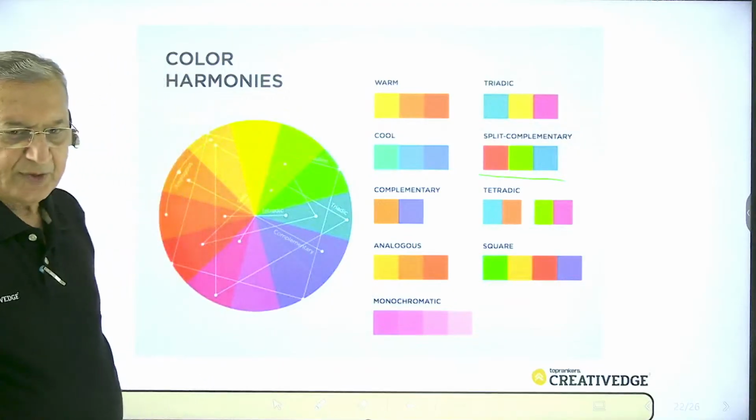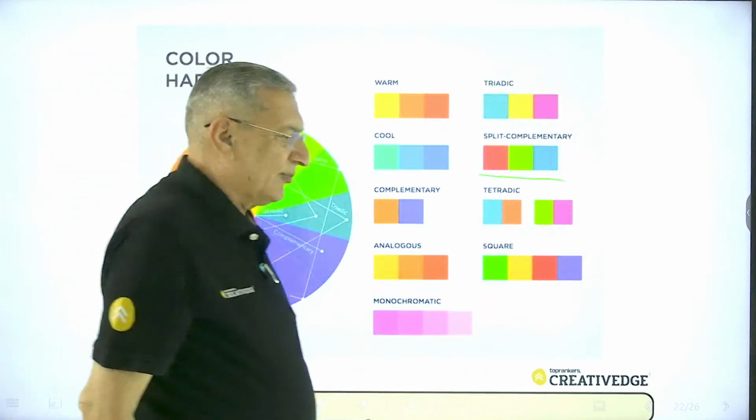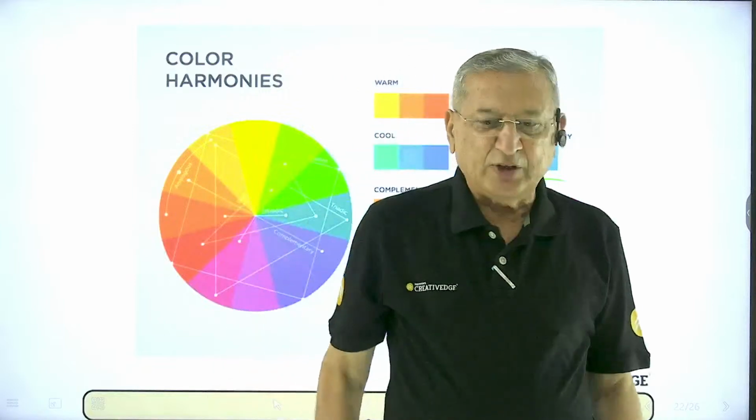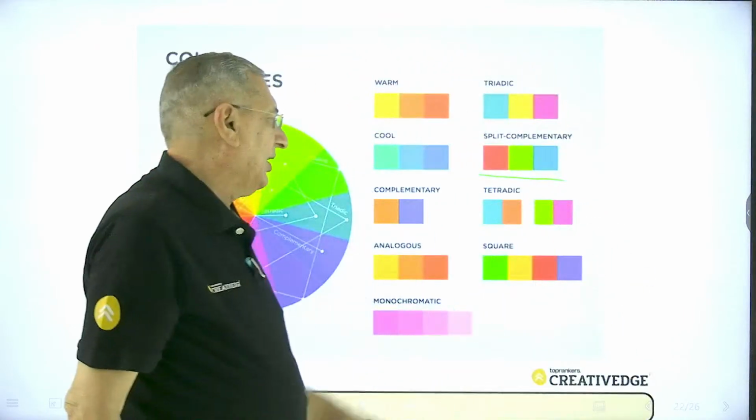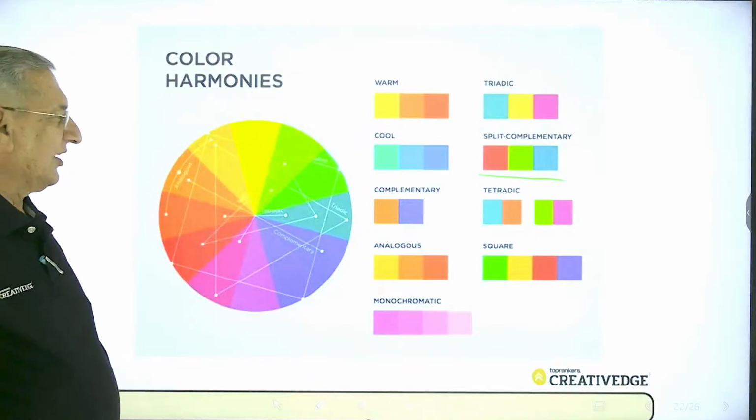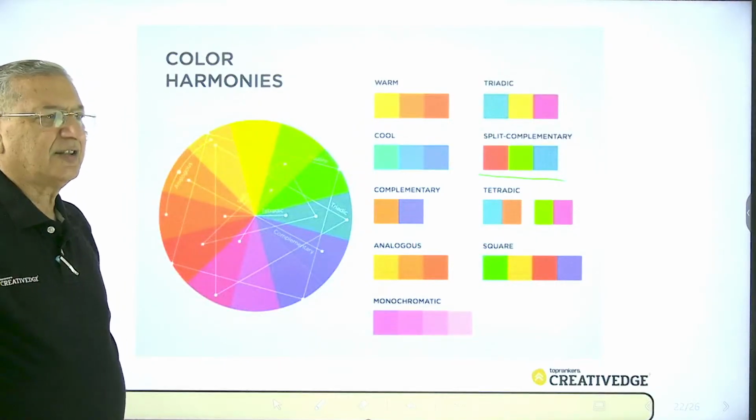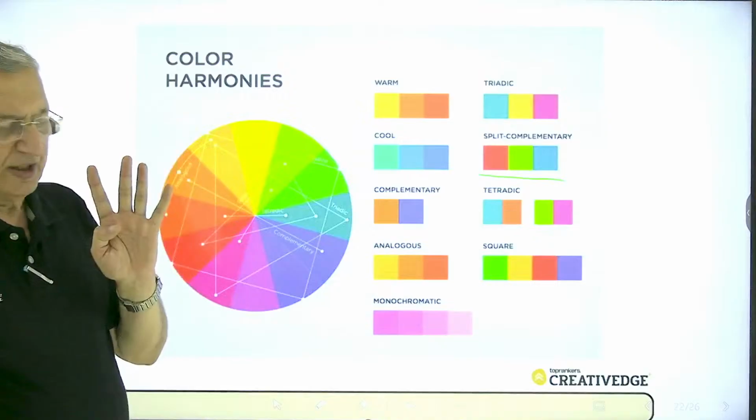Tetradic. Now the definition is a little complicated. Many even teachers fumble explaining tetradic. Tetradic is an arrangement of four colors.